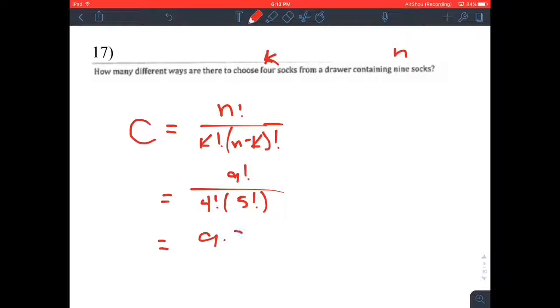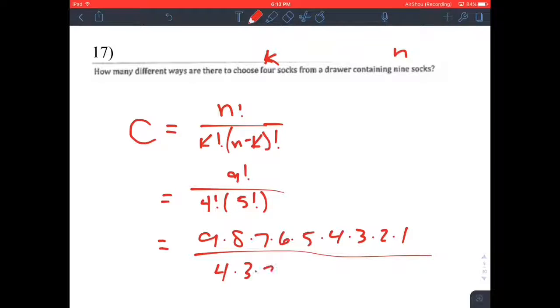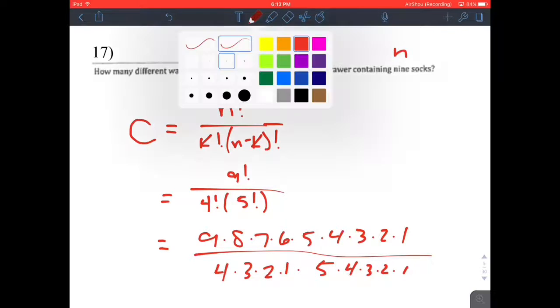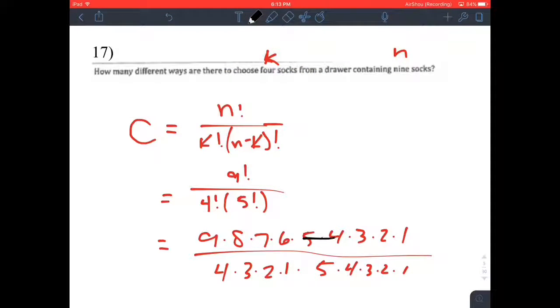This is 9 times 8 times 7 times 6 times 5 times 4 times 3 times 2 times 1 over 4 times 3 times 2 times 1 times 5 times 4 times 3 times 2 times 1. 5, 4, 3, 2, 1's cancel. We can divide 8 by 4 and 2. 4 times 2 is 8, that cancels.